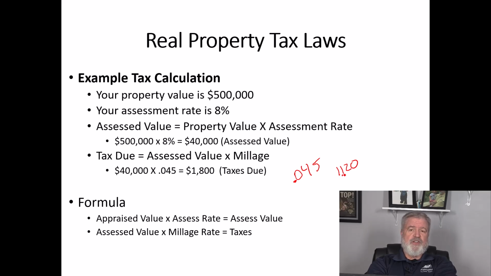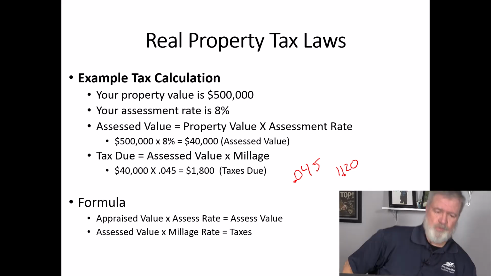But y'all, it's a 2-step formula where you take the appraised value times the assessment rate. That gives you the assessed value. Then step 2, you take the assessed value times the millage rate, and that will give you whatever the property taxes are.